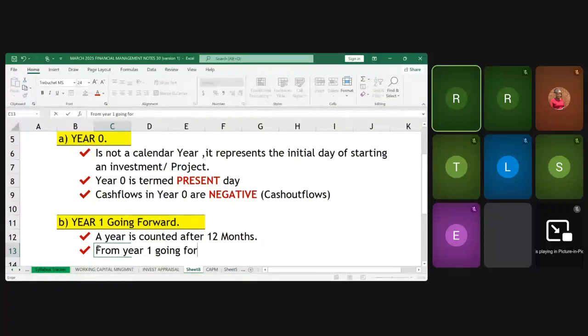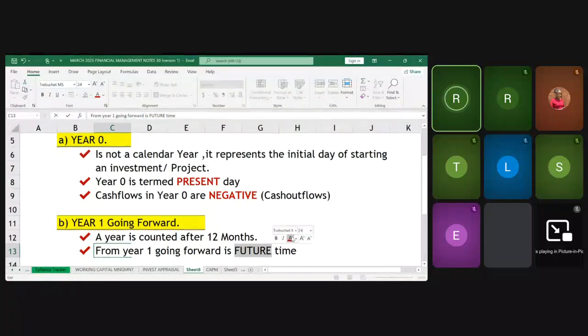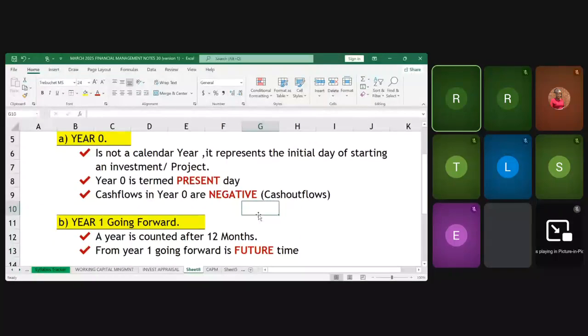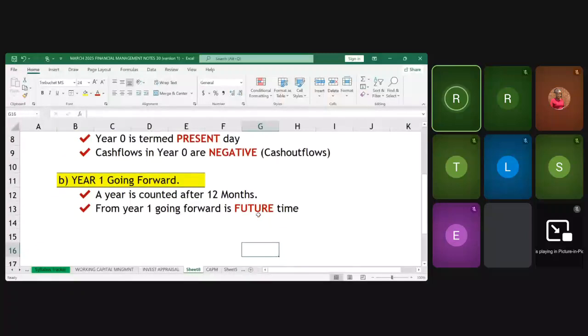What is future time? That is future time. So we have two times. If we want to say it in simple language, we have what we call the present time and the future time.